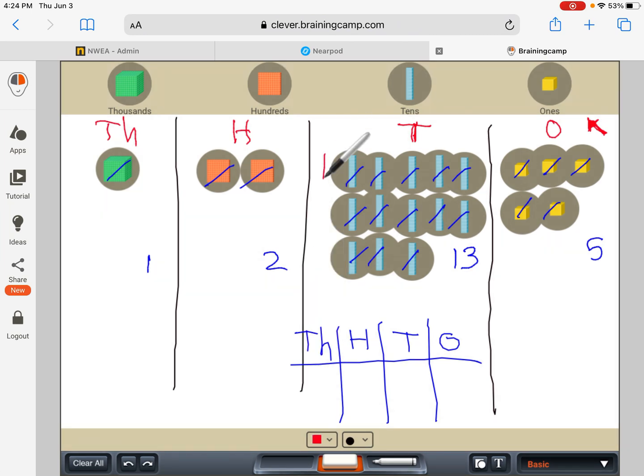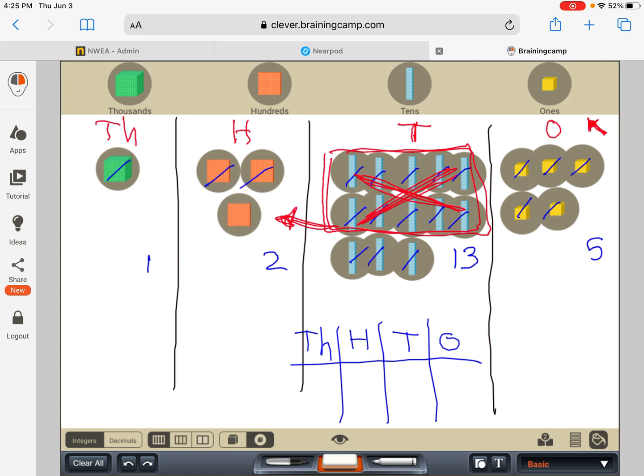So I'm going to take these 10 tens and I'm going to move them from here, and I'm going to use 100 instead of 10 tens. If I put together 10 tens, I'm going to get 100. So I'm going to send these 10 tens here to the hundreds place. Now I'm going to have one more 100.